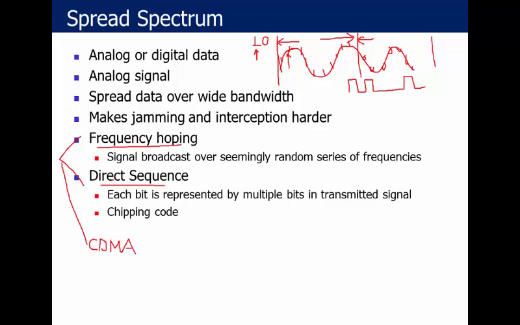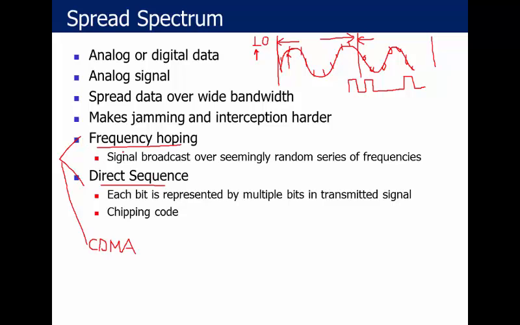Similarly, direct sequence spread spectrum uses the time axis, the time domain, but I'm going to put the data into multiple times. I'm going to spread the data over that time domain sequence. That's what we are going to do.